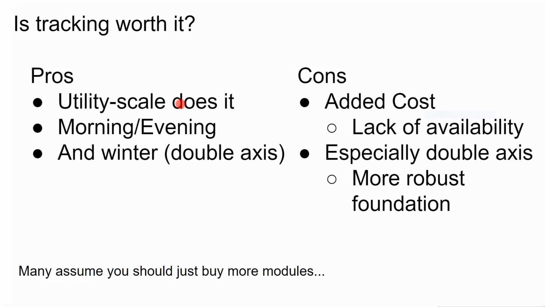But on the other hand, the utility scale market thinks it's cost effective. Additional morning and evening production means less load on your battery, or even in a north-south orientation, you would get more production in the winter as well as in the summer, and we saw that that's when our battery is most strained.